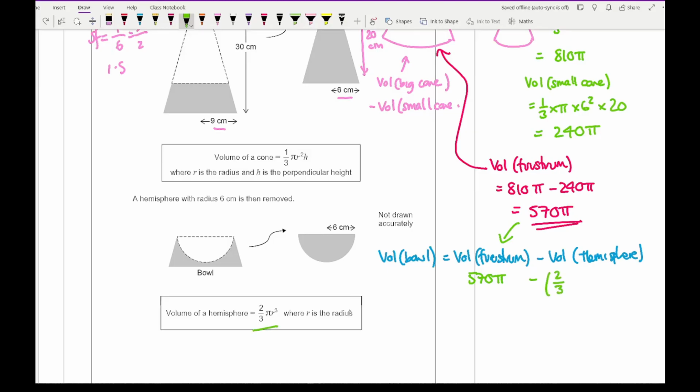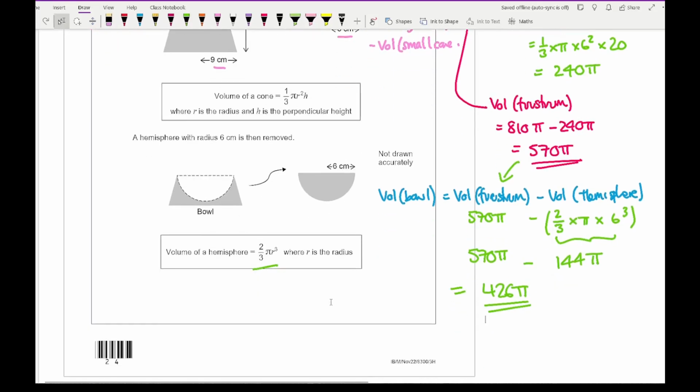That's going to be 2/3 times pi times the radius, which is 6 cubed. If I work out all of this, I get 144 pi. Taking the two answers away, I get 426 pi, or I could write my answer as a decimal, giving me 1338.3, and that's centimetres cubed, to 1 decimal place.